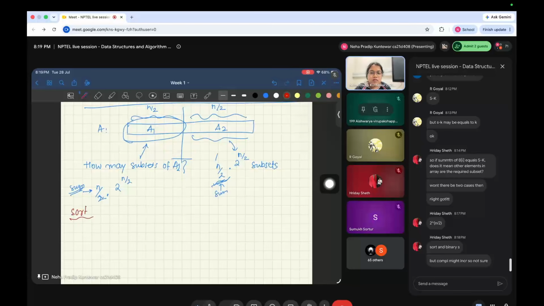So how much time does this take? We are going to sort 2 to the n by 2 sums. You have an array of size 2 to the n by 2. Use your favorite sorting algorithm. How much time will this take?